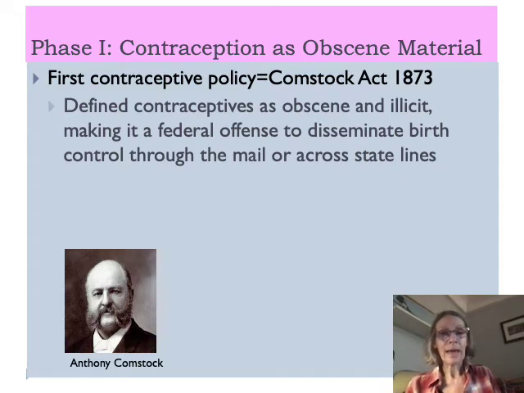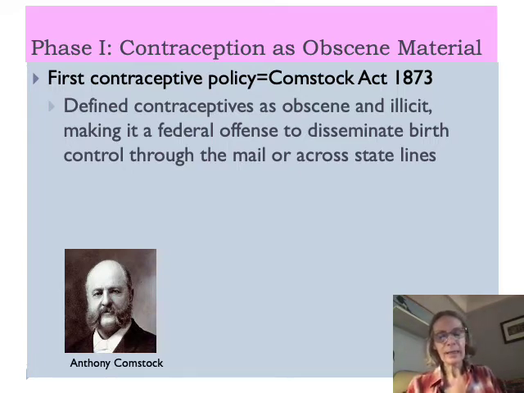The Comstock Act defines contraceptives as obscene and illicit material, and as such, you cannot use the mail or distribute contraceptives across state lines, because Congress has the authority over prohibiting the distribution, the dissemination, and the importation of illicit and obscene material, and contraceptives were deemed as falling in that category.